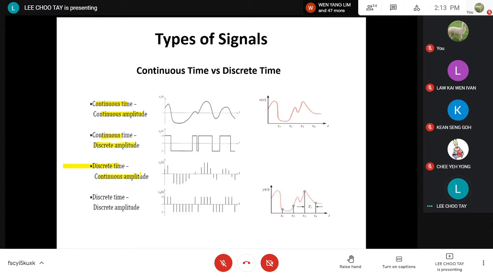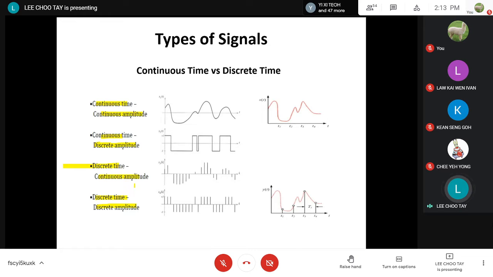The last one here is a discrete time and discrete amplitude signal. This signal only exists at certain times, and the amplitude only carries some fixed value. Again, in this case, we have only two different values for amplitude.